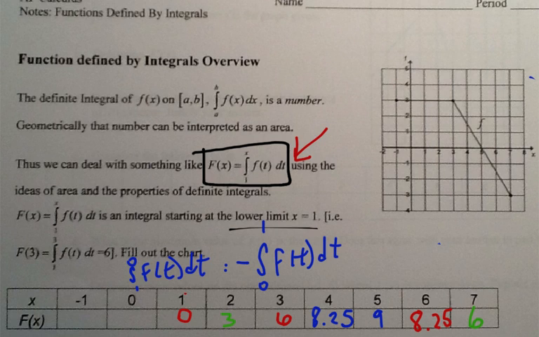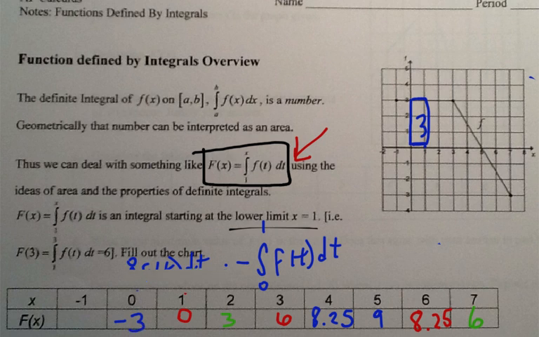So keep in mind we want our smaller number on the bottom, but that changes the sign of our area. So when I go from 1 to 0, I'm actually going to take the area from 0 to 1, which is this rectangle. Oops, I went a little high there. And that is a base of 1 and a height of 3, so that's 3. And change the sign on it to a negative 3. Okay.